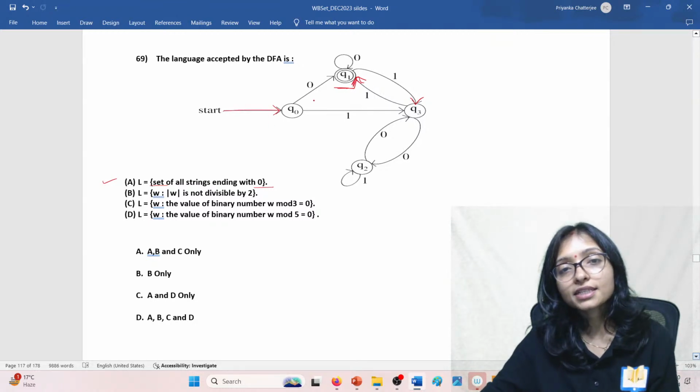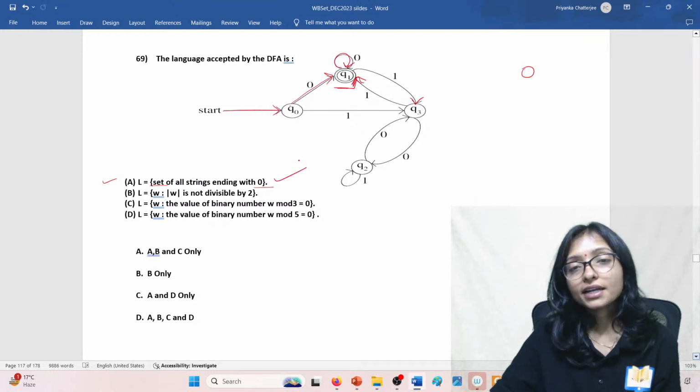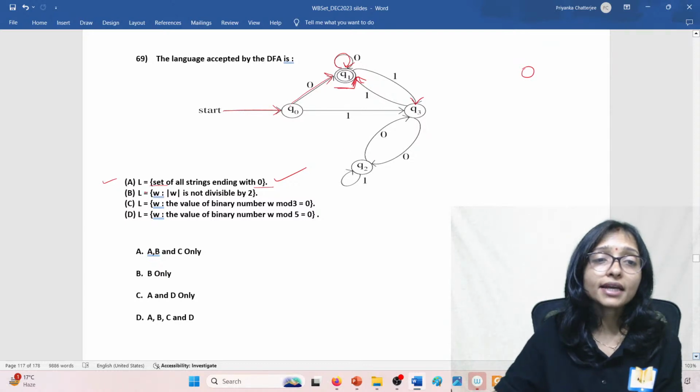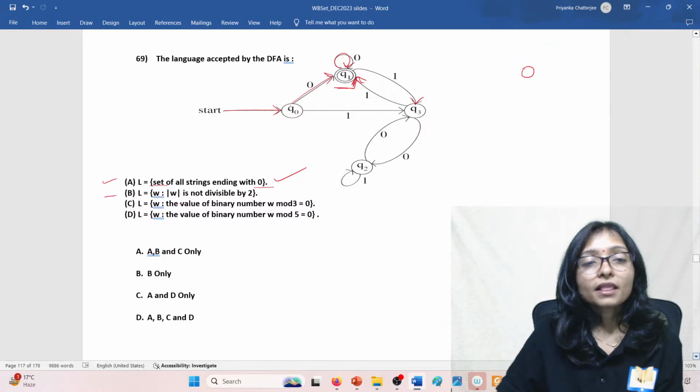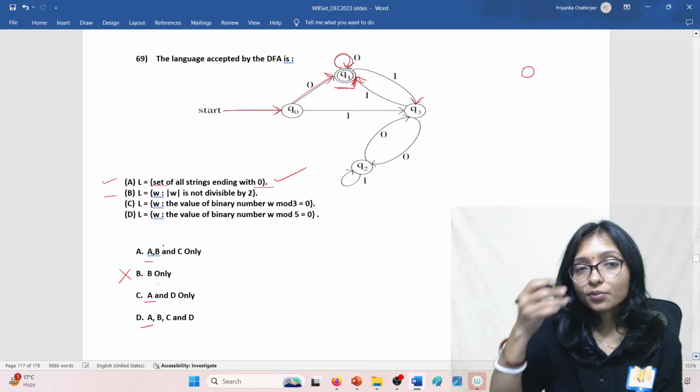From the initial state, if I take 0, then I am able to reach the final state. And after that, here also so many zeros. So it is correct. It is ending with 0. This is correct only. Right? Now the next one. In every option A is there, but here A is not there, so I can eliminate this one.